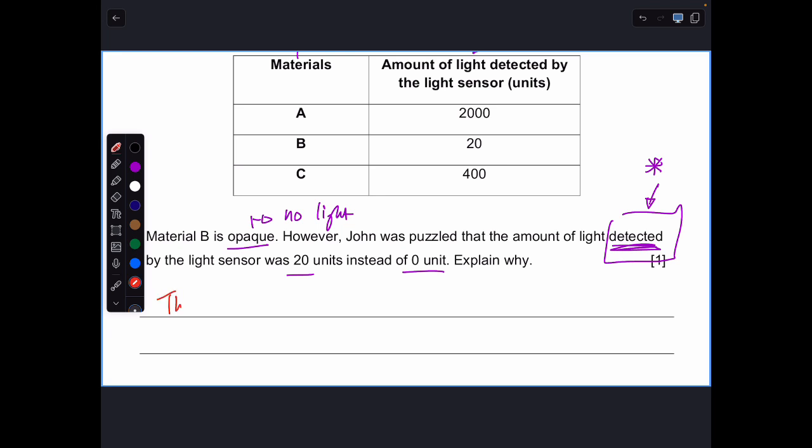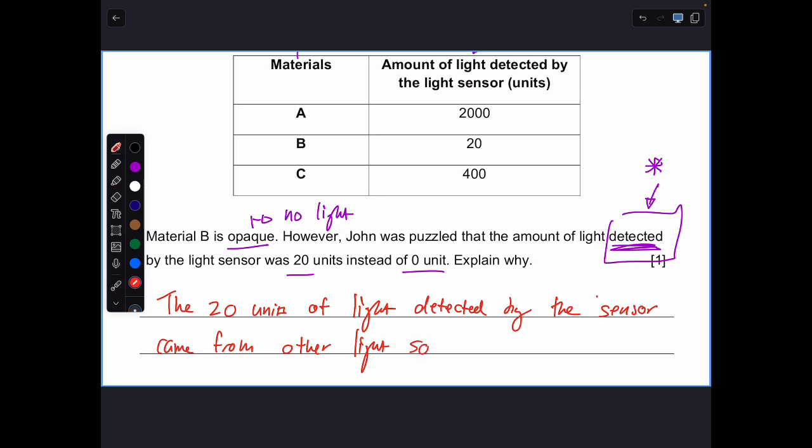So you say the 20 units of light detected by the light sensor, or the sensor, because there's only one sensor, came from other light sources in the room.